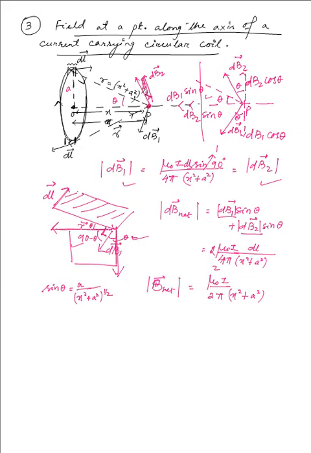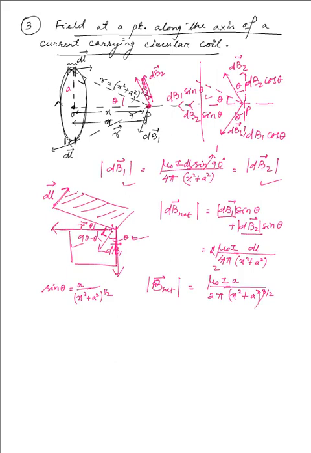So we can put that value of sine theta over here, putting the a at the top, and the x squared plus a squared under root when multiplied to this will give us 3 by 2, because that is x squared plus a squared, and then x squared plus a squared to the power half is going to end up with x squared plus a squared to the power 3 by 2.